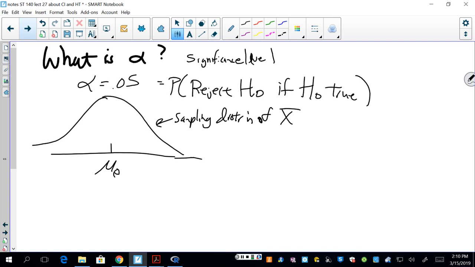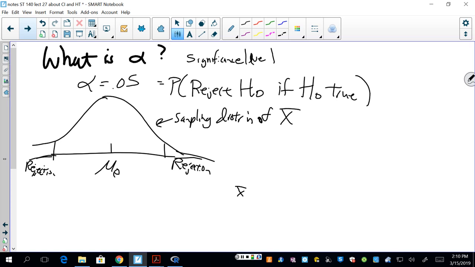How do we determine that? Well, out here is the rejection region on the positive side, and here's the rejection region on the low side. And this is the sampling distribution of X bar, so X bar falls somewhere on here, right? But how do we determine that?